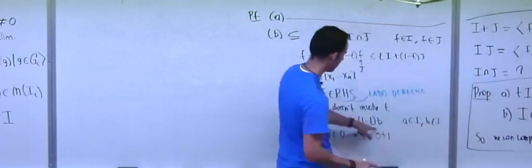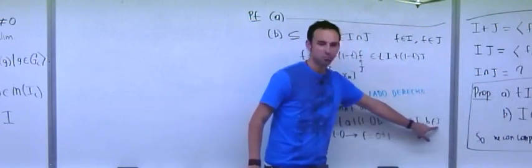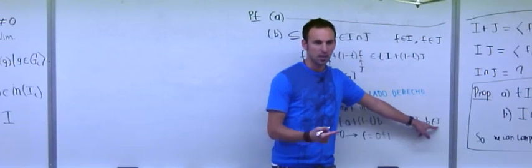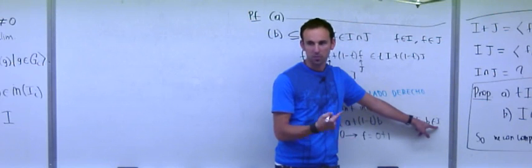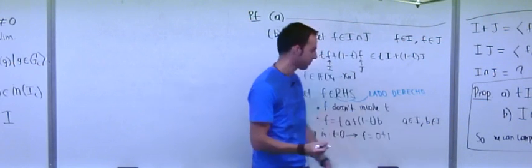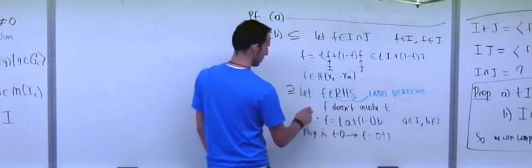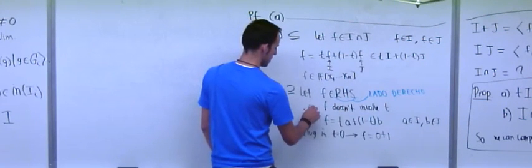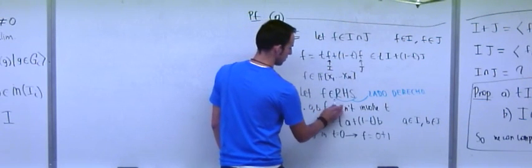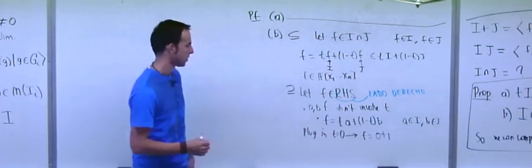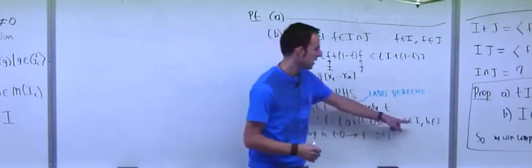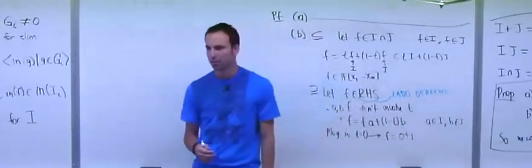Well, b is in J, and J is an ideal in our initial polynomial ring that didn't involve t's. So b doesn't have any t's either. A and b and f don't involve t, because they're in I and J that existed before t existed.